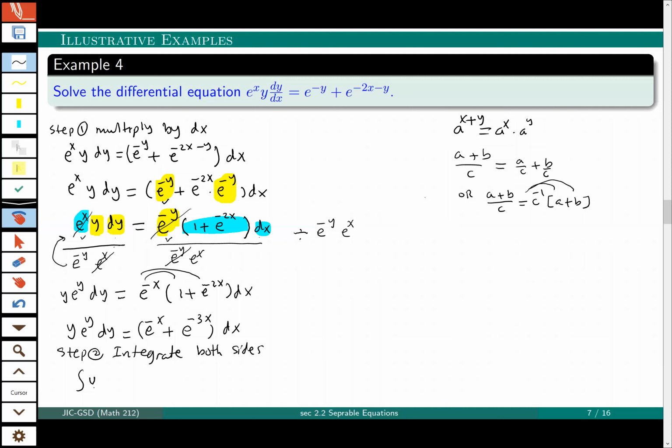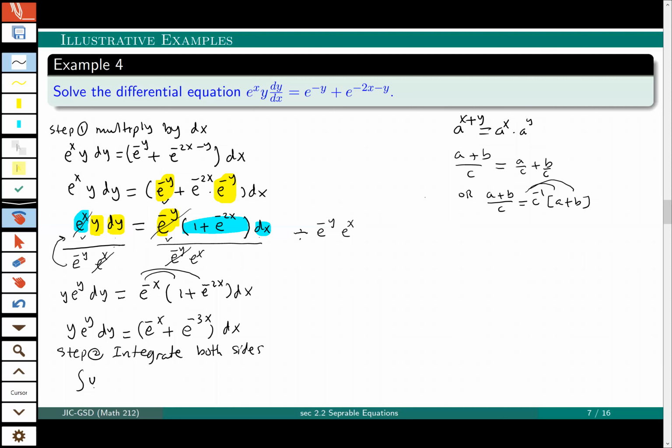This means here I need to use the tabular method. It's a special case of integration by parts. So you will say this is u, and that's dv. u is the polynomial, which is y. Its derivative is 1, then the derivative of 1 is 0.